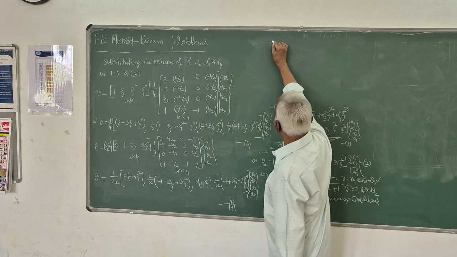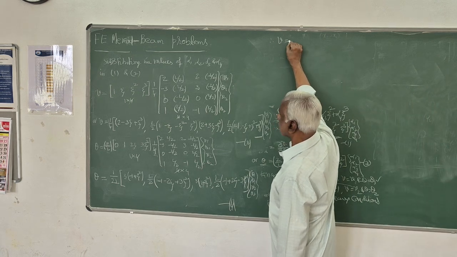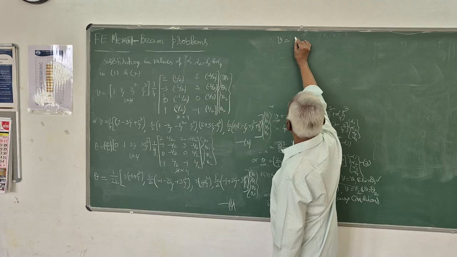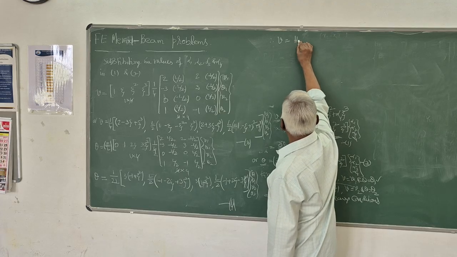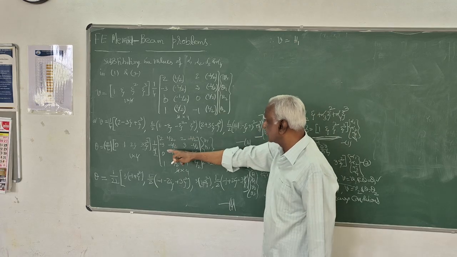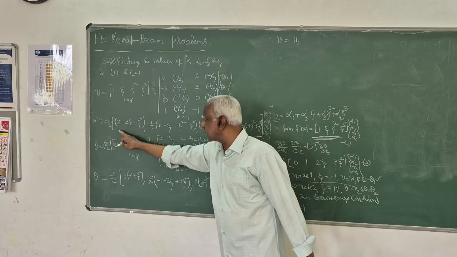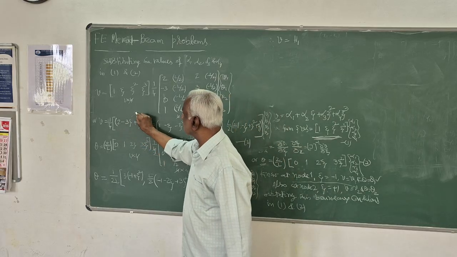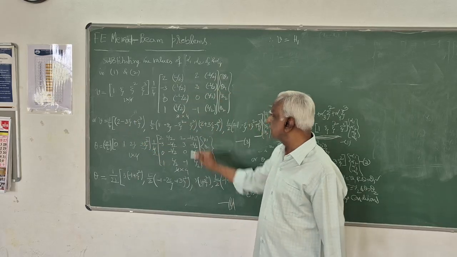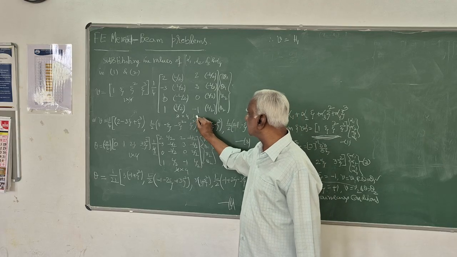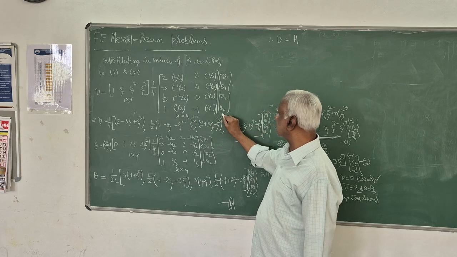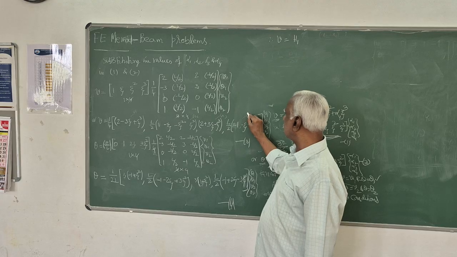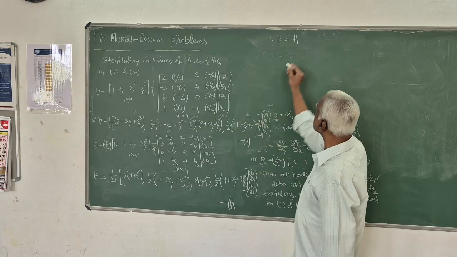So therefore, we can write it as follows. This entire thing I will call H1, this I will call H2, this I will call H3, and this H4, the shape functions.